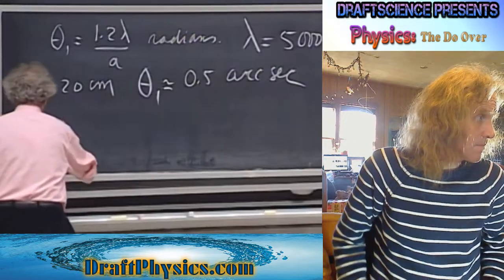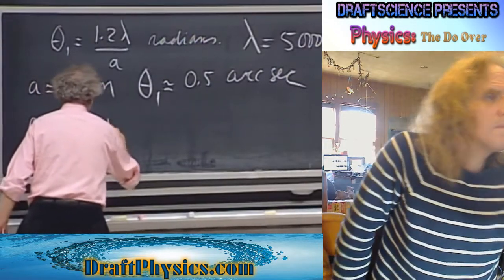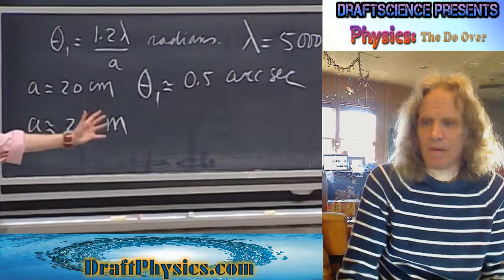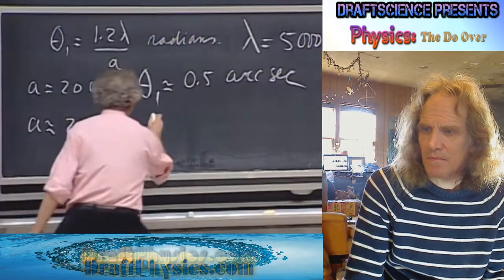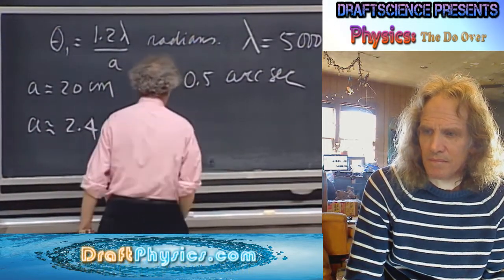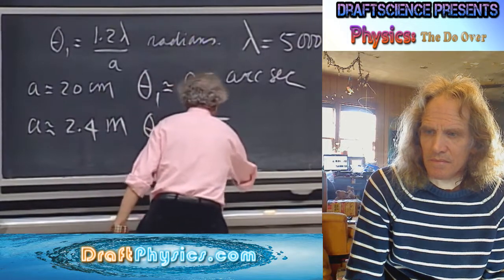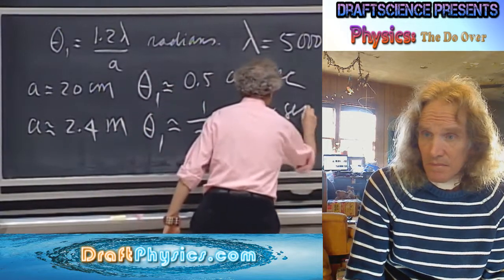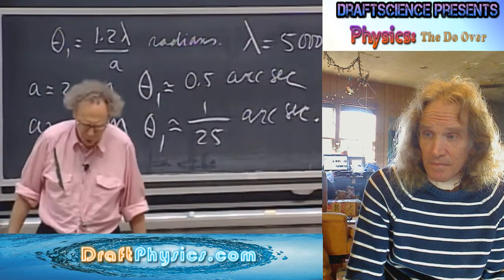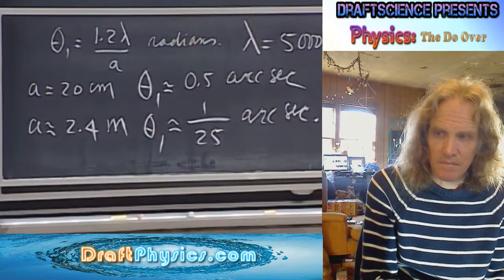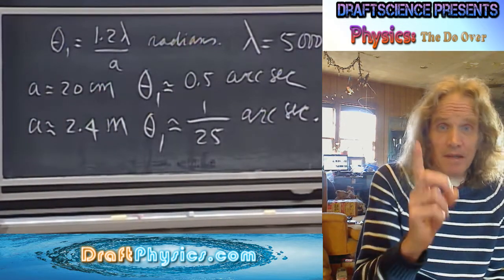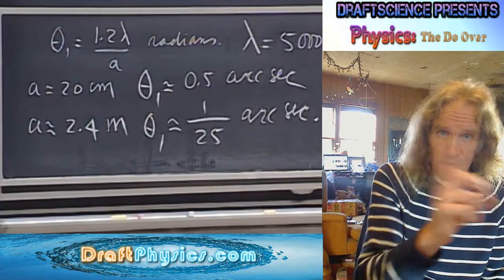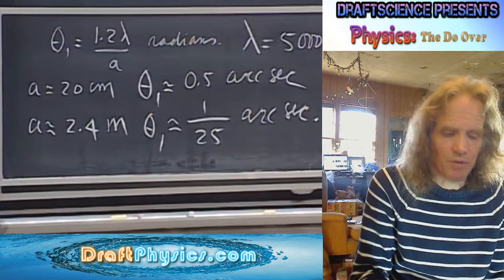If A were a 2.4 meter telescope, that's a real biggie, then theta 1 would be approximately 1/25th of an arc second. So the larger you make your telescope, the better angular resolution you would have. But then the problem is that everything is jiggling a little bit through the atmosphere, so that ruins you.